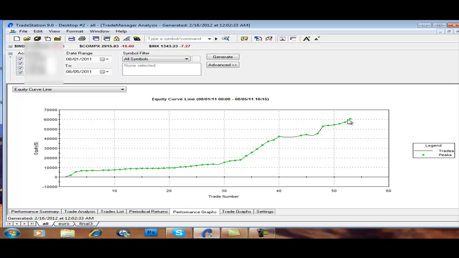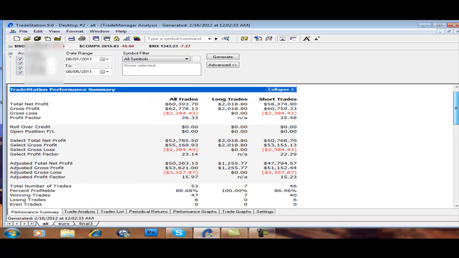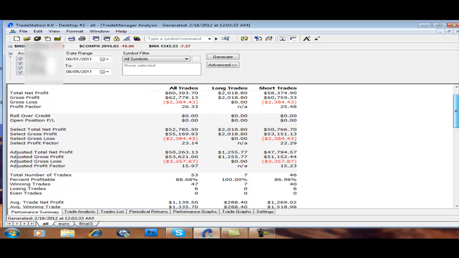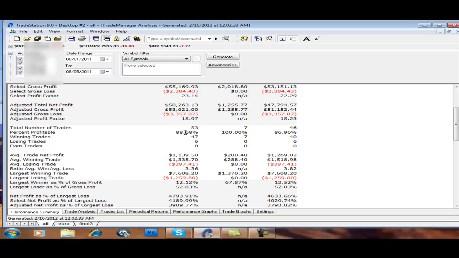Total net of just over 60,000. Do a performance summary here. Gross loss of $2,300 there. Let's look at our percent profitable trades. 88% profitable. Winning trades 47, losing trades 6.